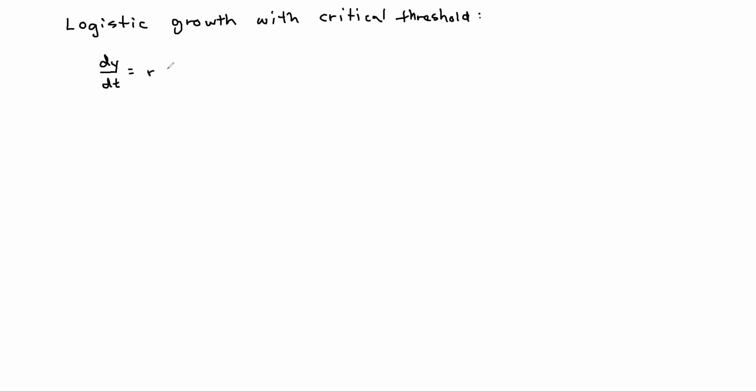So we're going to have negative r times 1 minus y over T times 1 minus y over K times y. And one thing about this is that the critical threshold needs to be less than the limiting value for the population. And so if we start off with this as our model, we can just, as a third example, see how to generate the graph.